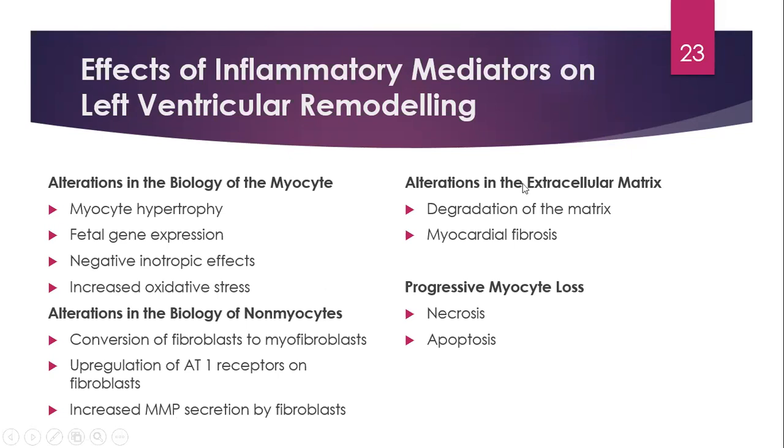They can also alter the extracellular matrix by degradation and then fibrosis, and then progressive myocyte loss, especially tumor necrosis factor, causing necrosis and apoptosis. So all these effects contribute to remodeling, which is what we're going to talk about now.